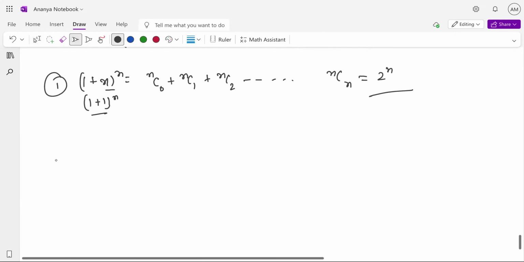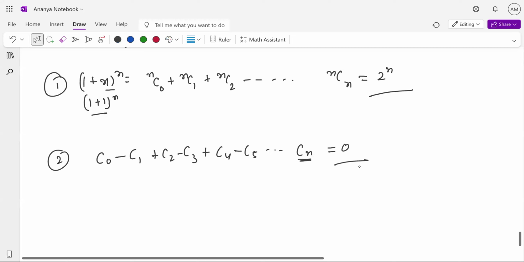This was the first property. The second property is if you have C0 minus C1 plus C2 minus C3 plus C4 minus C5, and so on, till n. It will come out to zero.